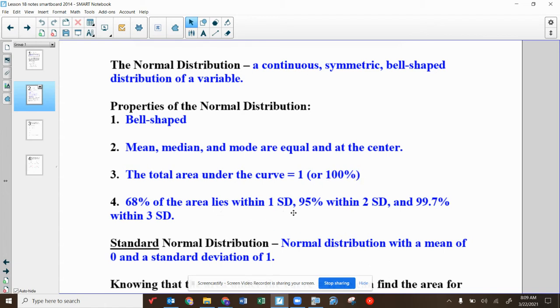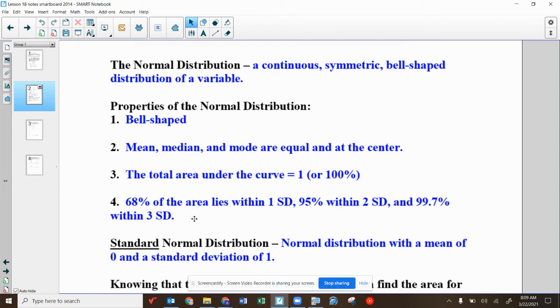And then, again, if it's truly normal, one standard deviation should have approximately 68% of the information from the center. Two standard deviations, 95% of the information will be within that, and then 99.7% will be within three standard deviations.